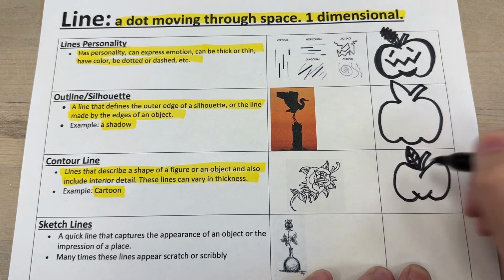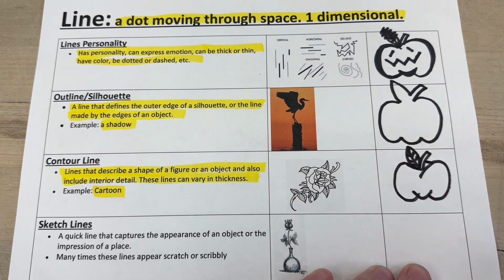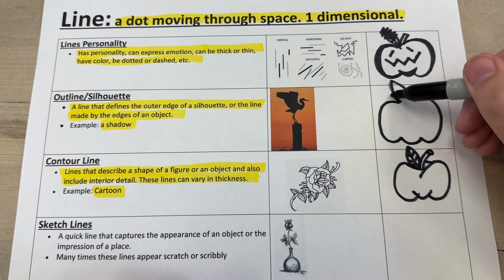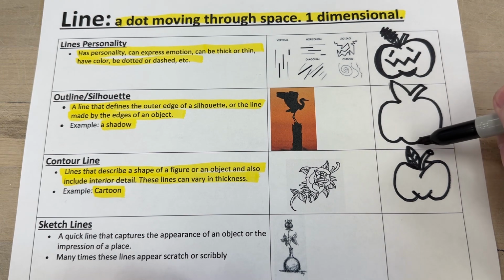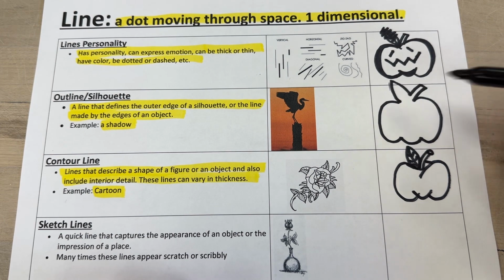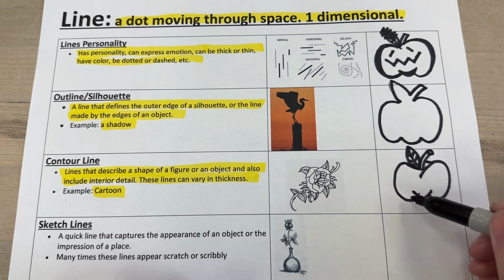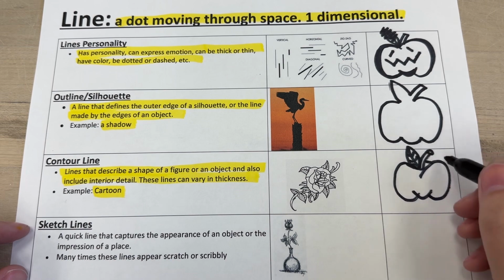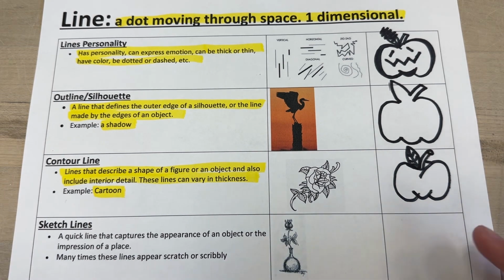I'm going to have the little lines for the leaf and things like that, okay? So an outline is purely the outer edge of an object. A contour is the interior details and the outline, so it's basically a cartoon.